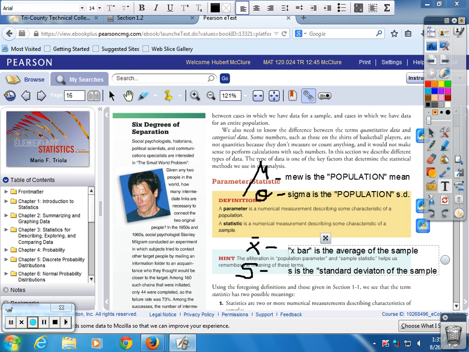Yes or no? Are they the same or different? They're different. You're wrong. Get out. You're a failure. They are the same.